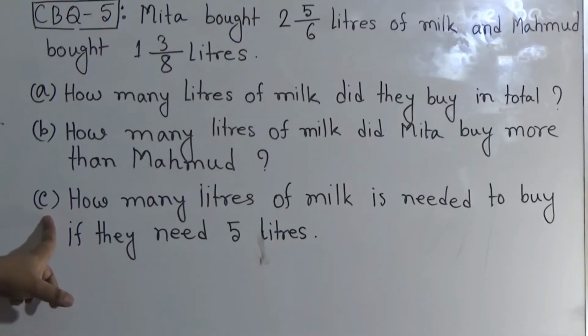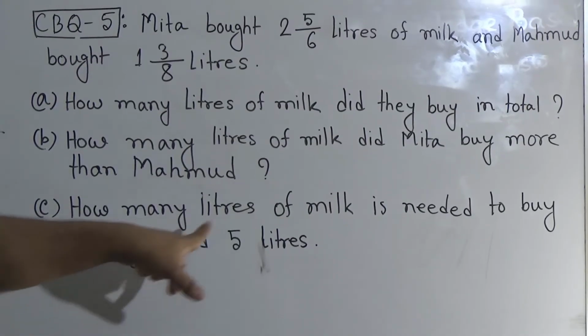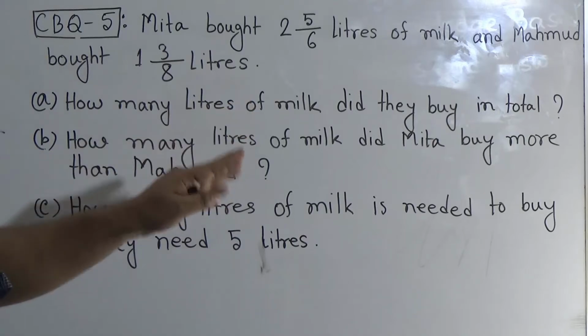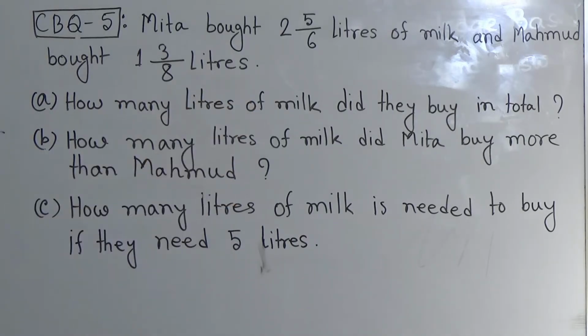Question number C asks you to find how many liters of milk are needed to buy if they need 5 liters. My dear students, they need 5 liters of milk, but in total they bought how many liters of milk? 4 into 5 by 24.